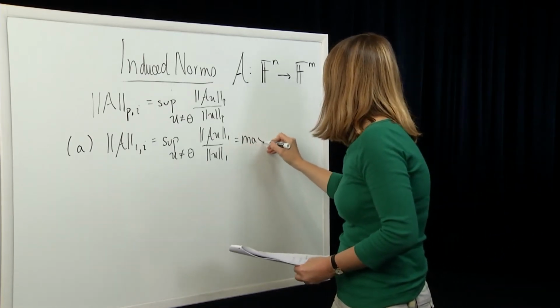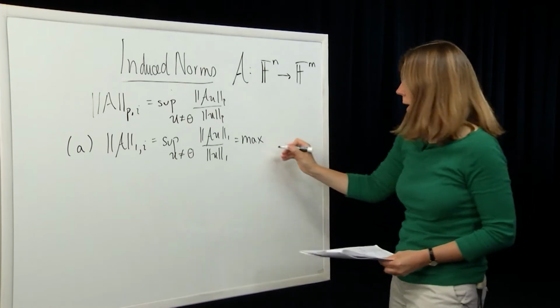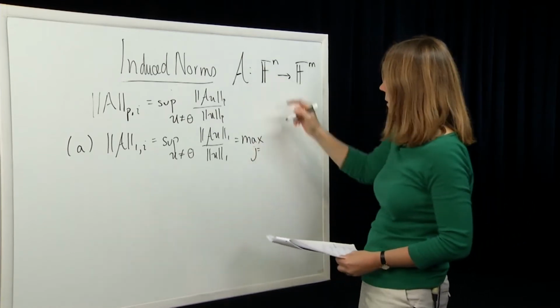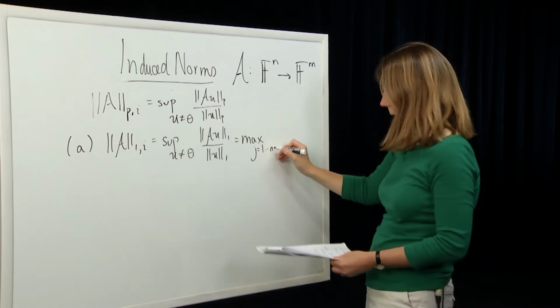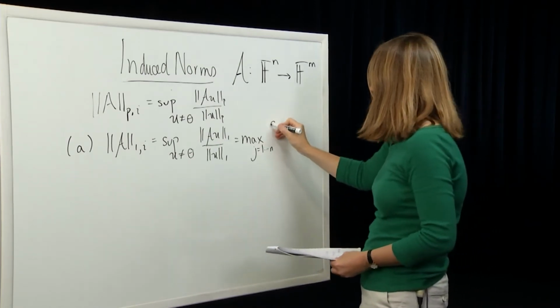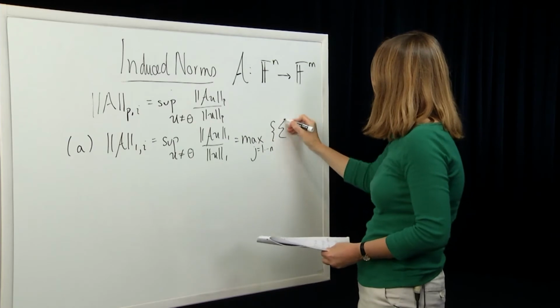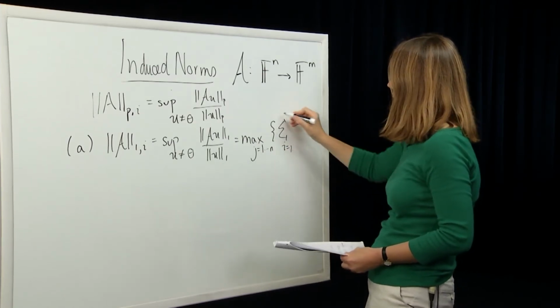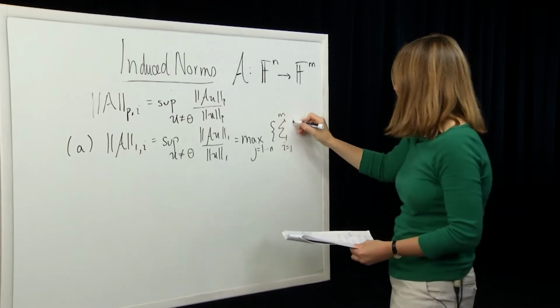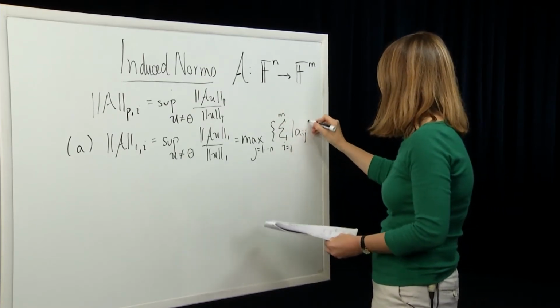It's the max over all j, and let j be our index in R^n or F^n, so j ranges from 1 up to n, of the following: the summation over the row index i equals 1 to m of the absolute value of a_ij.